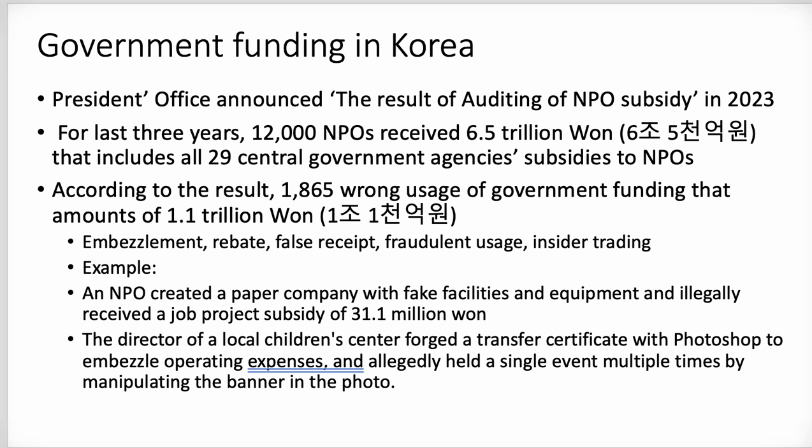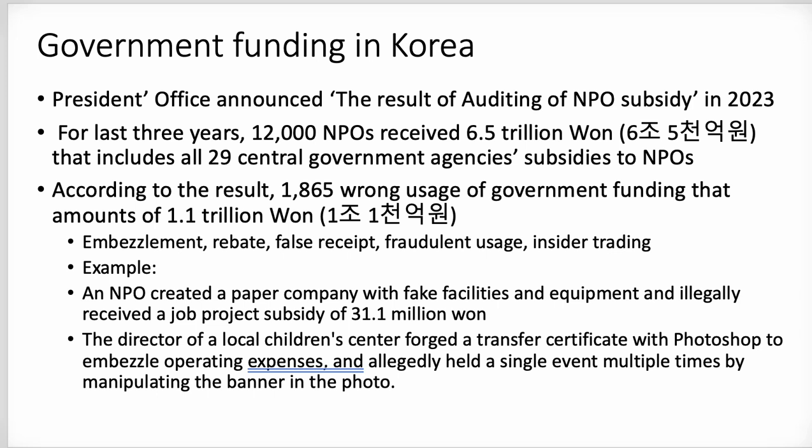So, when we look at the government funding in Korea, the President's Office announced the result of auditing of NPO subsidies in 2023. For the last 3 years, 12,000 NPOs received 6.5 trillion won.